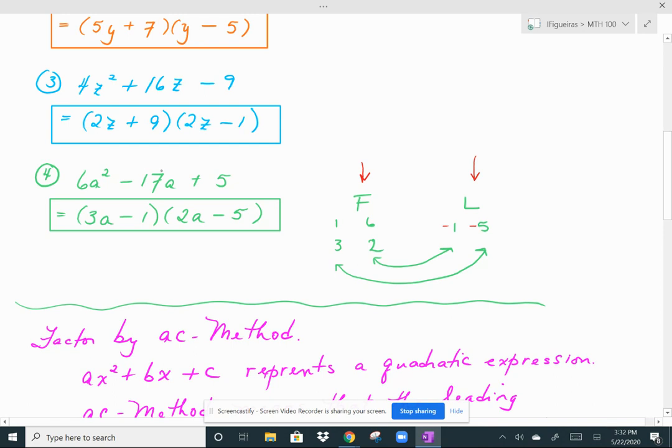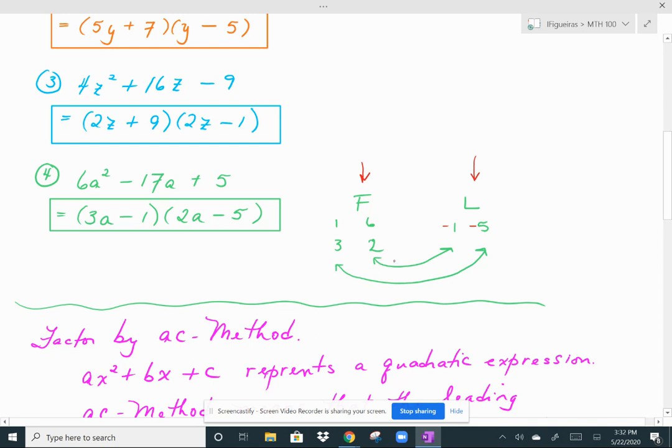The reason I know that is because this is a positive product, so signs have to be either two positives or two negatives, but the only way to get a negative sum is if they both have to be negative. So I know it's going to be something either -1 or -5 somewhere.